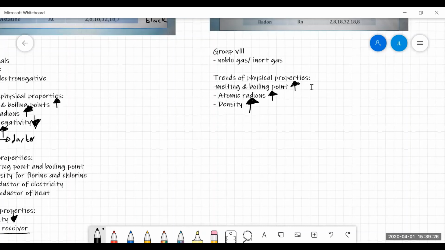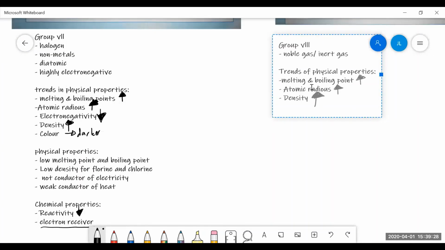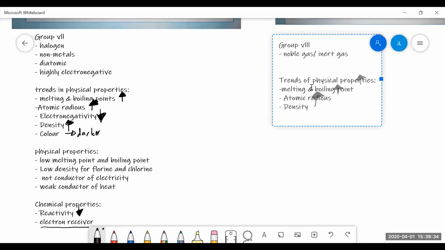So all group 8 exists as a monoatomic gas. You know what is monoatomic gas? Monoatomic means one atom. Compared to group 7, group 7 is diatomic gas.